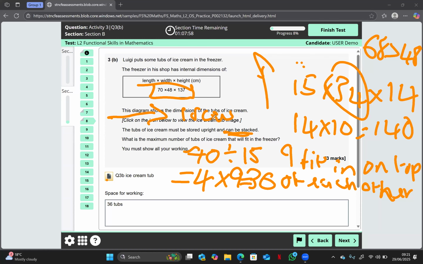Now, in terms of the height, it says it can be stacked. So we know that this is probably the wrong way I've done it.